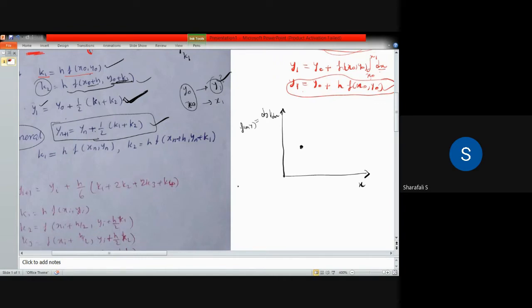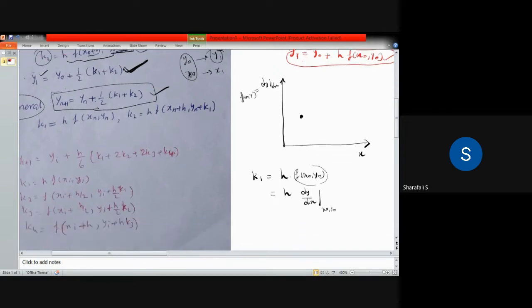Then, what is k1? k1 is nothing but h into f of x0 comma y0. What is this f of x0 comma y0? This is the slope at x0 comma y0, that is dy by dx at x equal to x0 and y equal to y0.